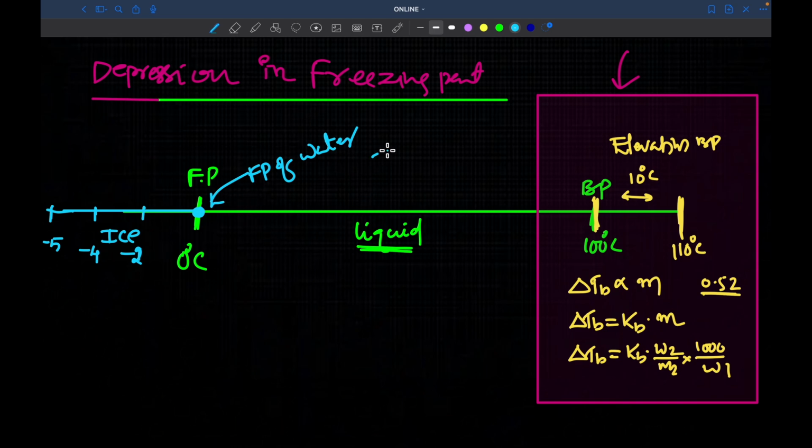Now, in the same container, what shall we do? We will take the water and add some non-volatile solute like salt to it. Salt is added to the solution. Now, we will decrease the temperature. What do you think? Is the salt solution going to freeze at 0 degrees Celsius?